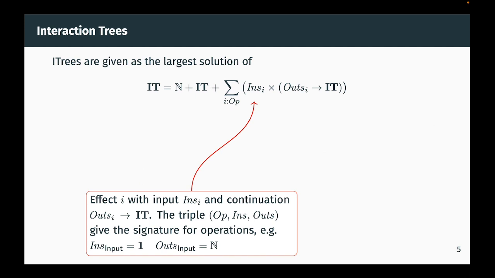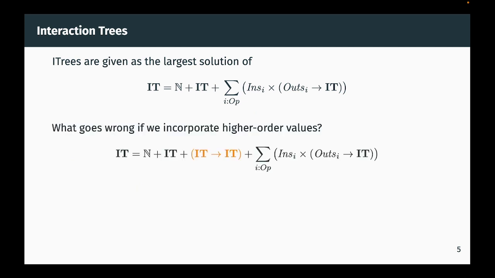So now, suppose we want to add higher order computations or higher order effects to this. Well, what we could do is we can just add another component to the equation. But this is not going to work, because in this equation, we're going to have negative occurrences of recursion. And so this equation does not determine an inductive or a co-inductive type. So we cannot solve this equation using inductive or co-inductive types.